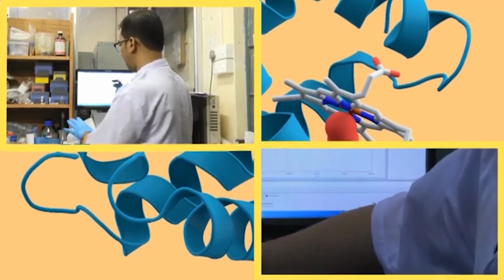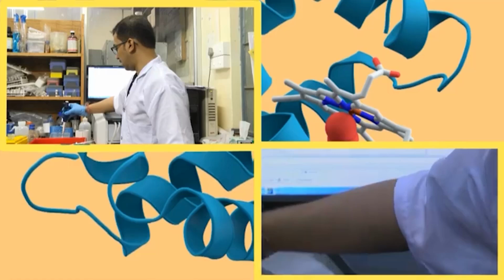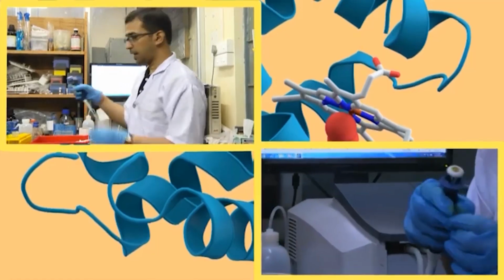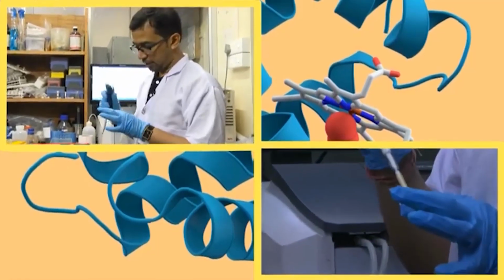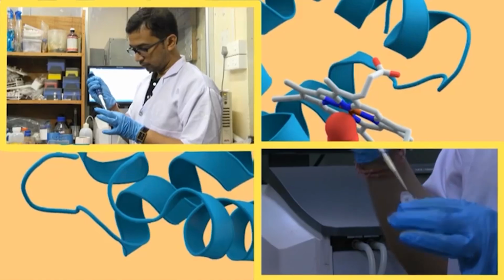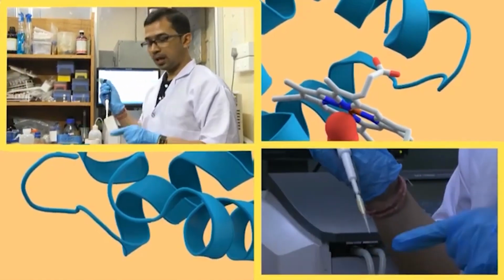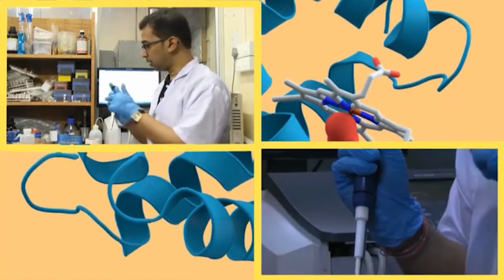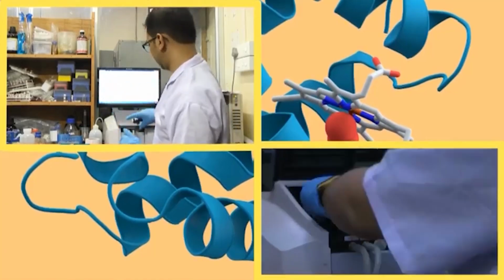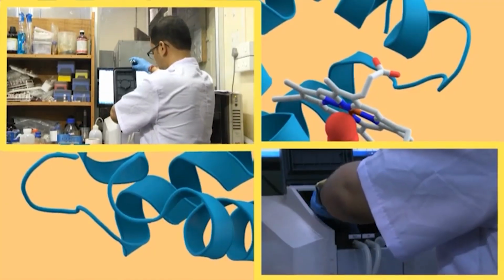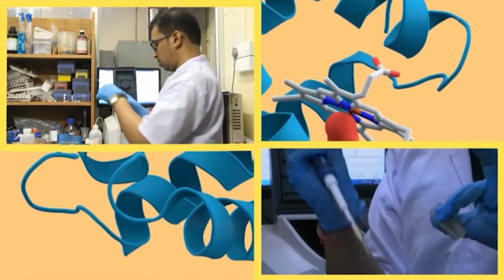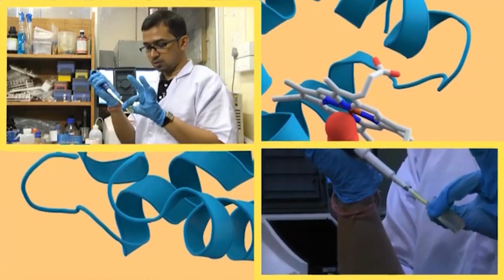Now I will again add HFA to it. So this one is for 5. Now I will again add another 5 microliter of HFA. Each and every time, please make sure to take a fresh tip and dip it into the HFA solution. Okay. Now I will take this out and mix it.